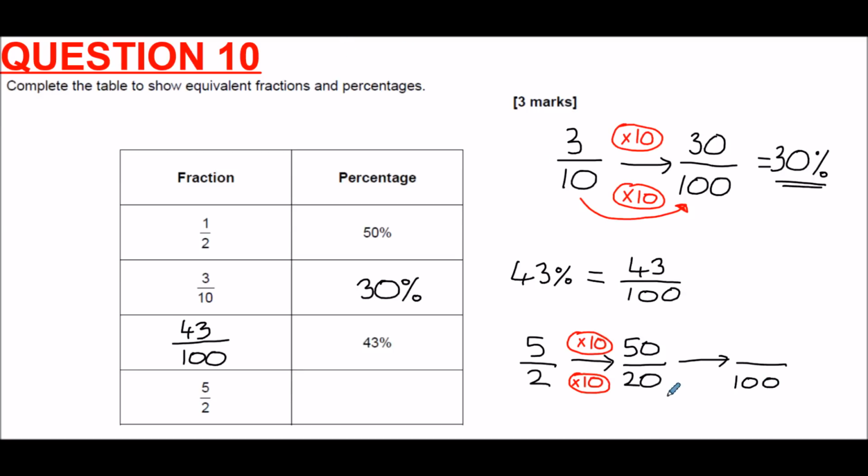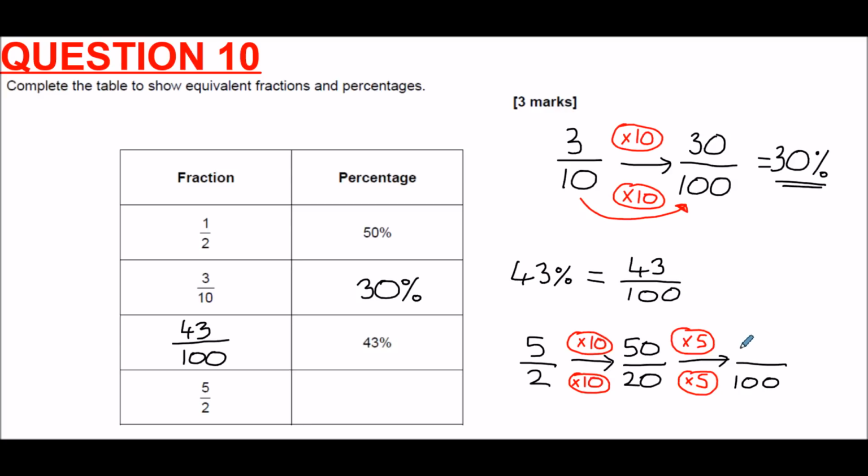The answer is we can, because if we do 20 times 5, that gets us to 100 exactly, because 5 20s makes 100. But the same way as what we did before, what we do to the bottom we do to the top. This time we multiplied the bottom by 5, so now we need to multiply the top by 5. 50 times 5.